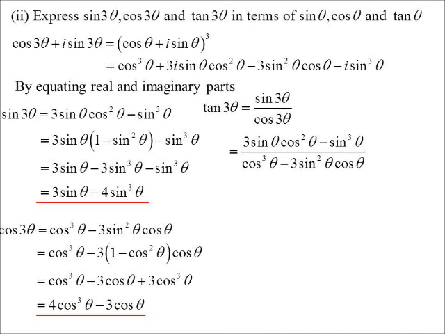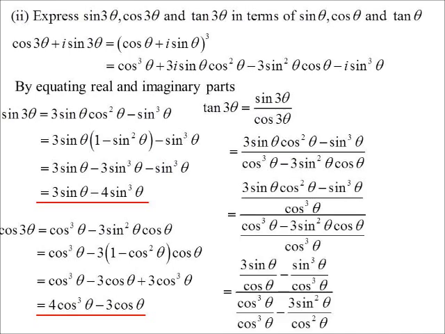Now the reason I've done that, I want to turn these into tan thetas. Now tan is sine over cos. So how to do it is we will divide everything by cos to the highest power. Remember, we're trying to get cos on the bottom of each term. So if I divide by the highest power, then every term will have cos on the bottom or no cos at all.